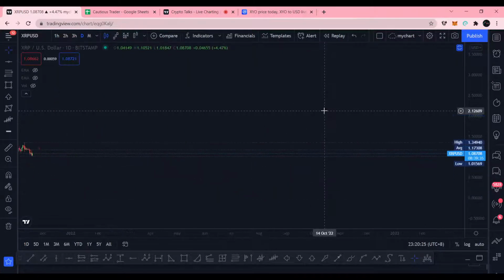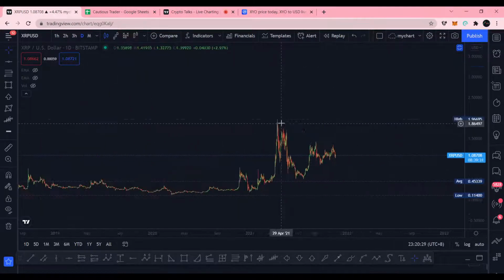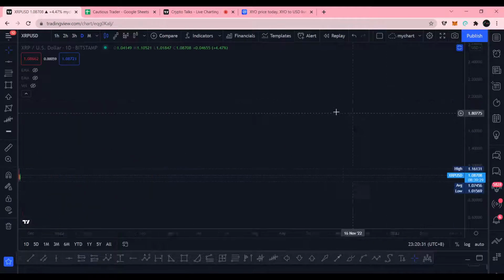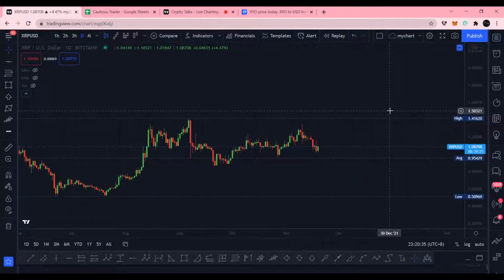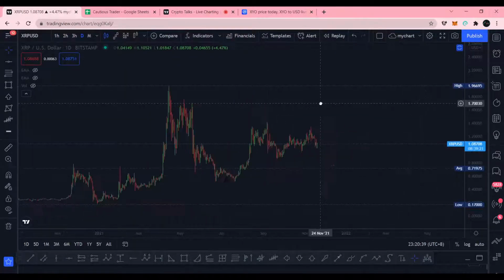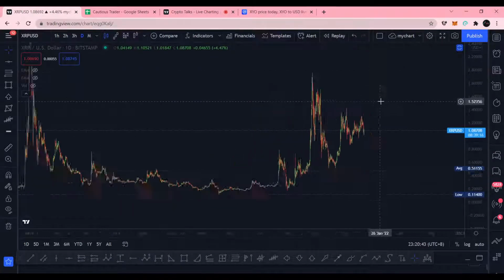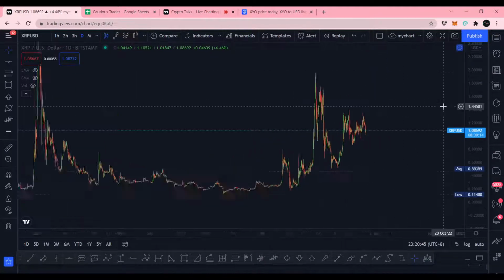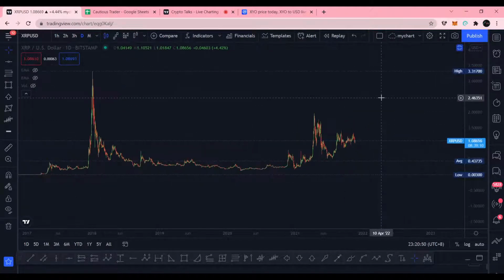Anyway, on this one, XRP, I'm still holding mine. So daily time frames. The all-time high is 3 point something, 3.31.